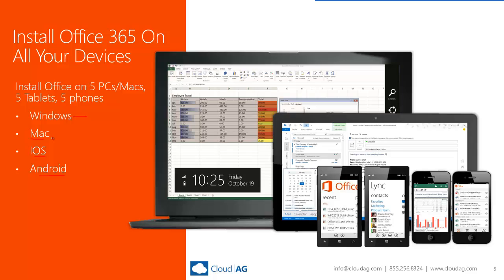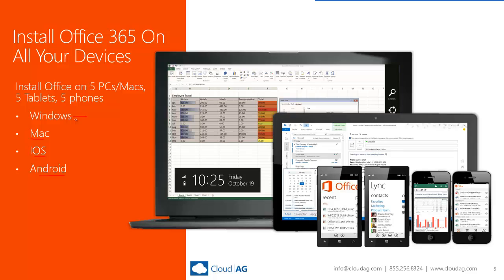So in all of the stores, if you were to go out and look in the iTunes, you'll see that there's downloads for Word, PowerPoint, Excel now. Same for the Android environment, certainly for Mac and Windows.